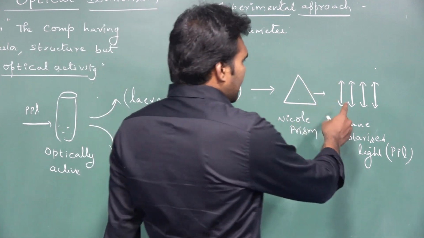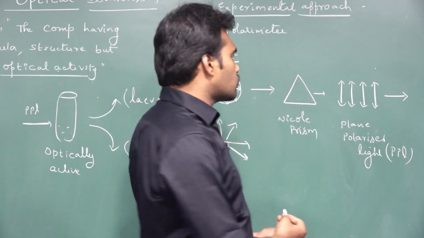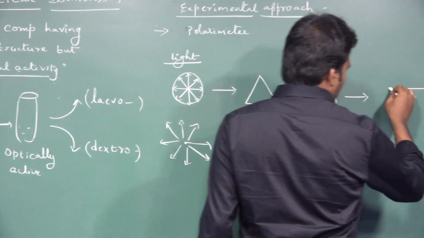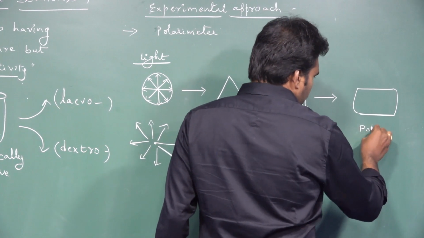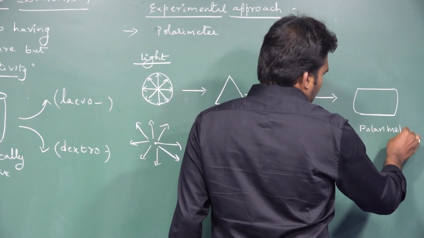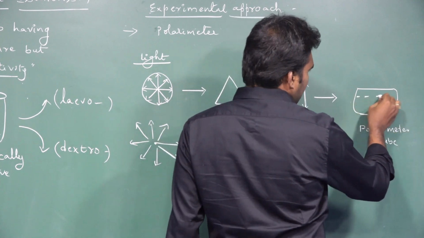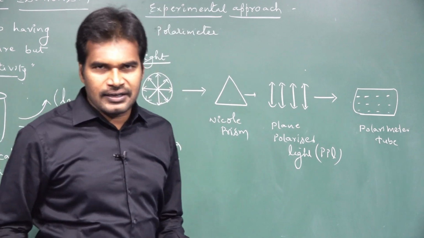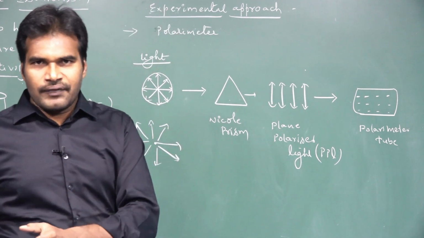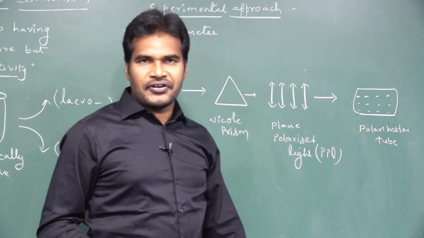Now, when you irradiate this plane polarized light into the sample solution, here I am taking this is what? Polarimetric tube. In this polarimetric tube, we take the sample solution, the compound whose optical activity we need to calculate. You prepare it with a solvent to make a solution, and take that solution in this polarimetric tube.